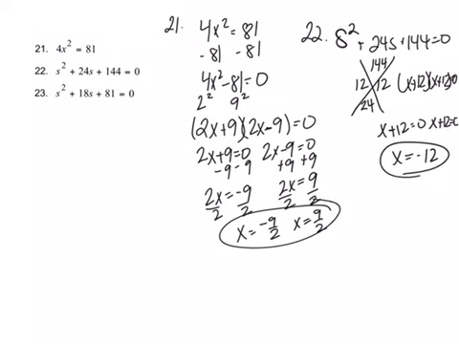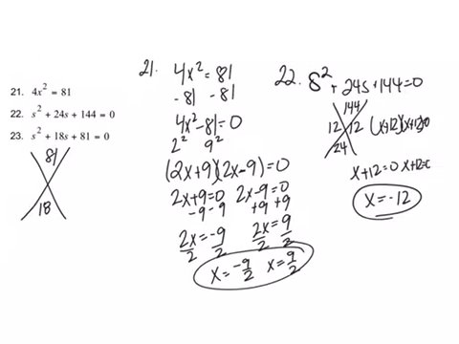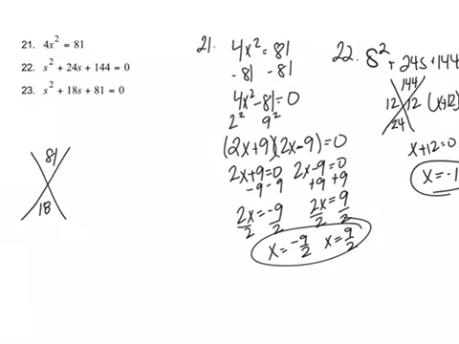And number 23. Again, there's no common factor. There's a common factor for 18 and 81, but this is an x problem because my s squared doesn't have a coefficient, so it's 9 and 9.